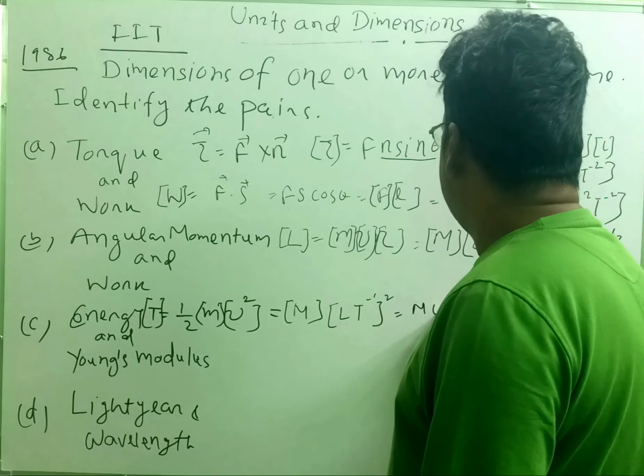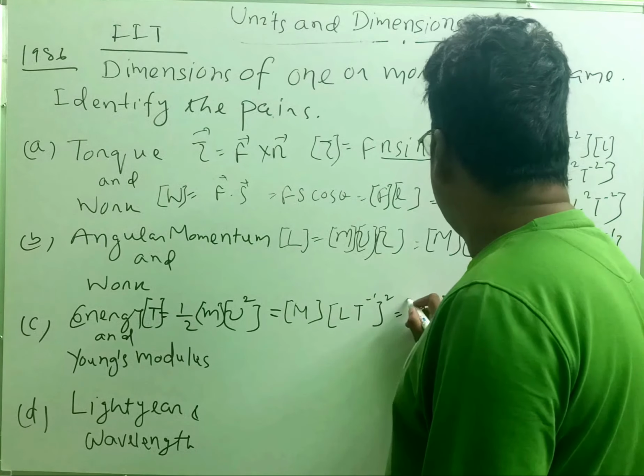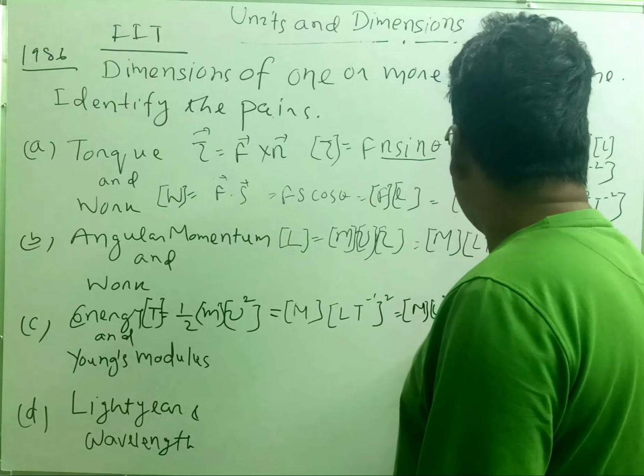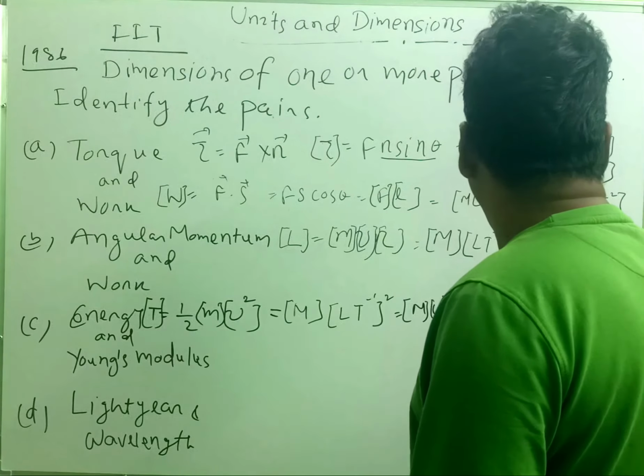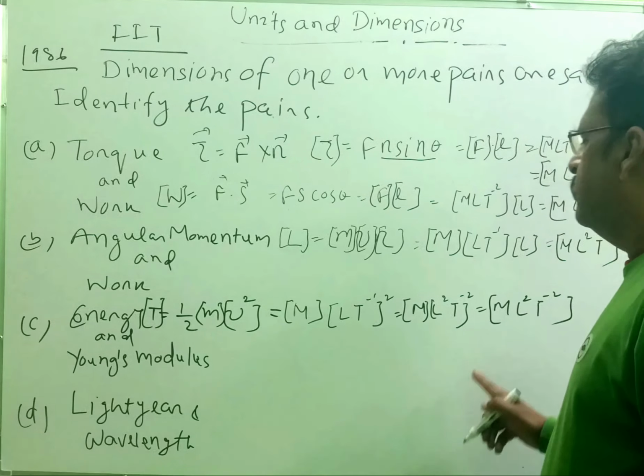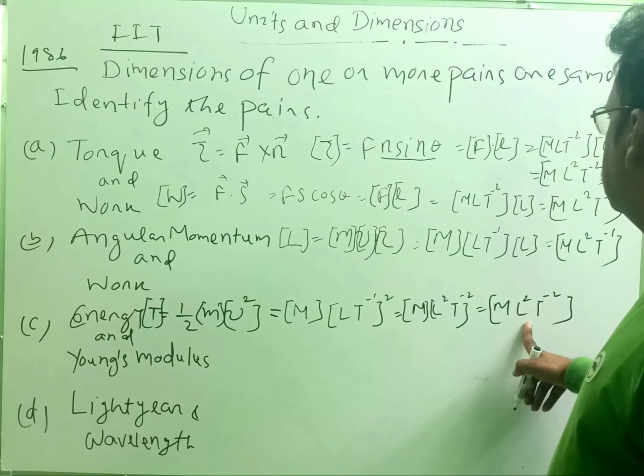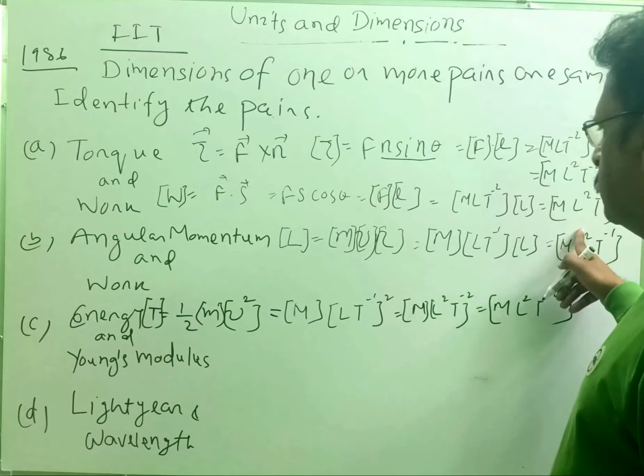Then this becomes ML^2T^-2. This is the dimensional formula of energy. We can observe this is the same as that of the torque and that of the work, students.